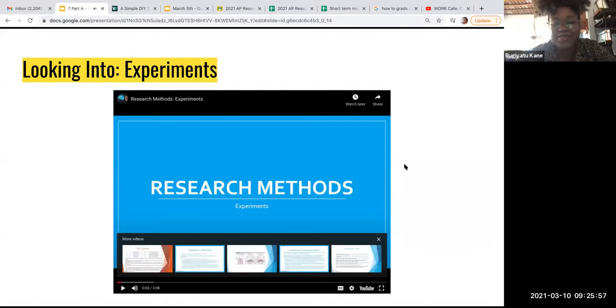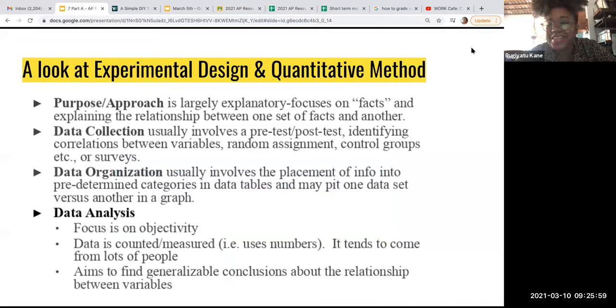All right. So if we look at experiments and quantitative research, there is a specific purpose behind experiment or quantitative research. A lot of it is explanatory because you're looking at facts and explaining the relationships between one set of facts and another.